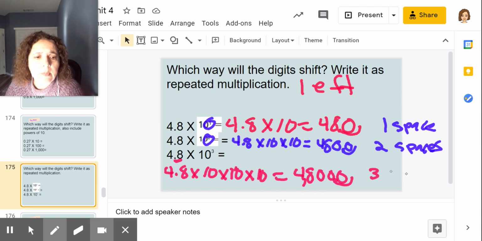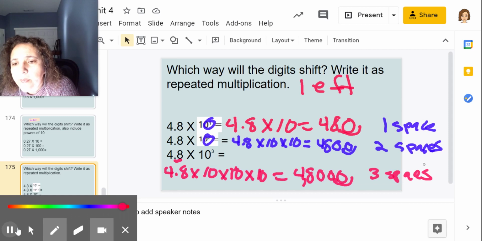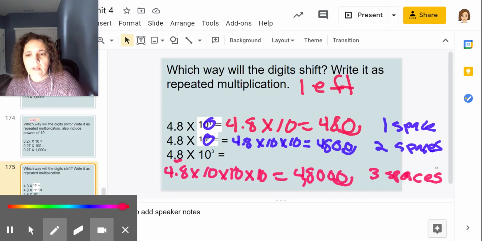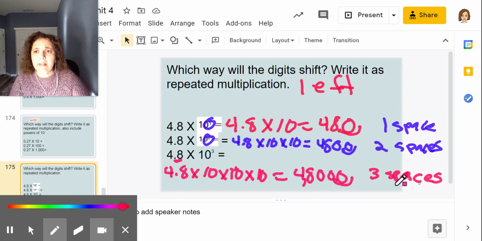It didn't ask me how many spaces it moved, but I'm just showing you. 3 spaces, right? It shifted over 3 spaces. Okay, I had to fix that because my C didn't come out.